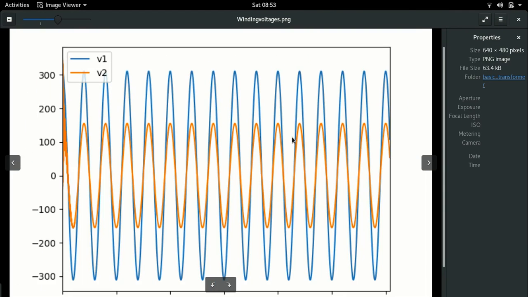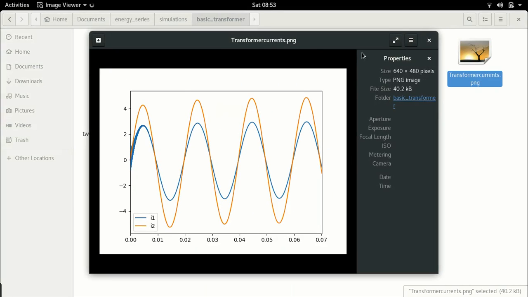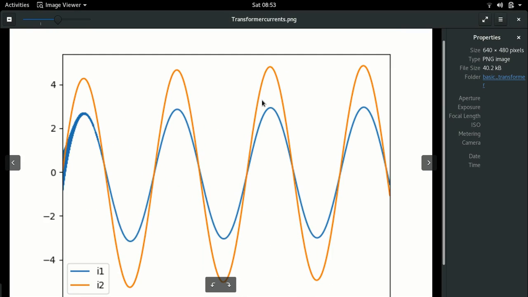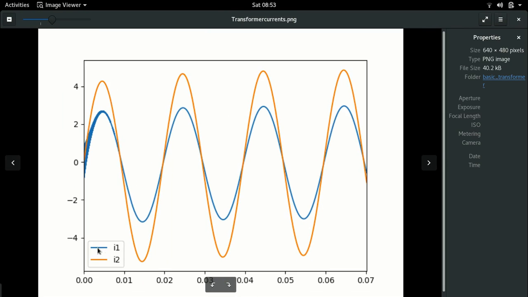So with this, we now have our winding voltages. As before, since we have a 2:1 step down transformer, the primary voltage, which is the blue line, is twice the secondary voltage, which is the orange line, right? Now, if you look at the transformer currents, the blue line is the primary current, the orange line is the secondary current.